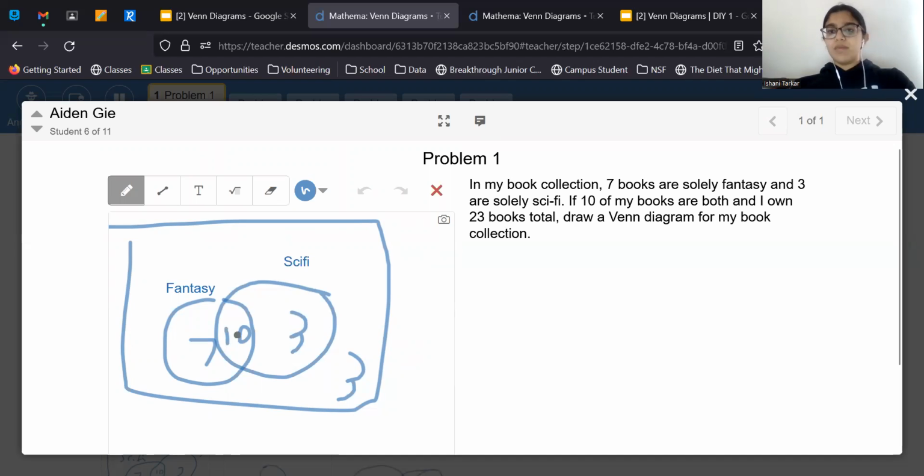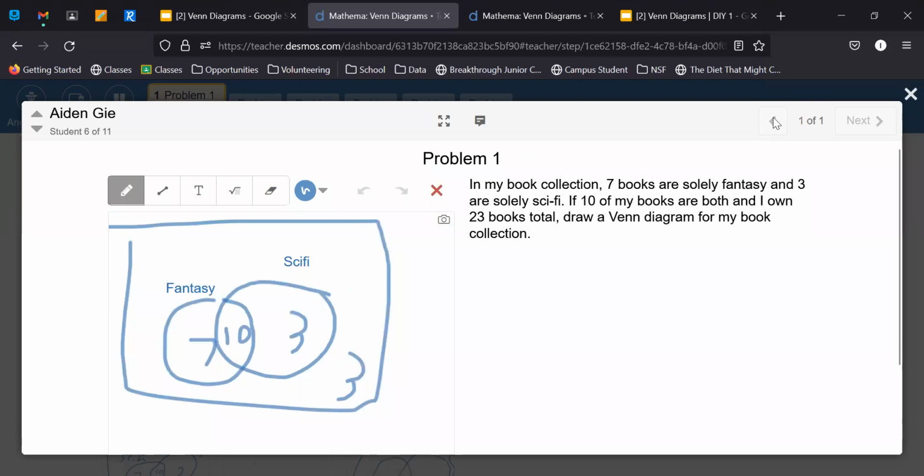And 10 of the books are both, right? So we have 20 books that are in fantasy, sci-fi, or both. And then we have 23 books total. So we have 3 books that are neither fantasy nor sci-fi. So 3 would go outside. So this Venn diagram looks really good for the problem.